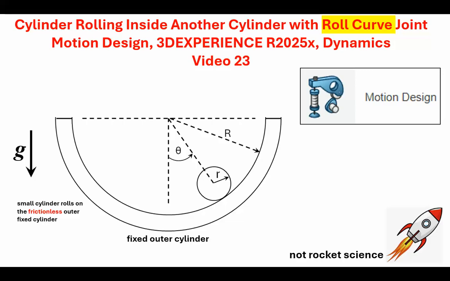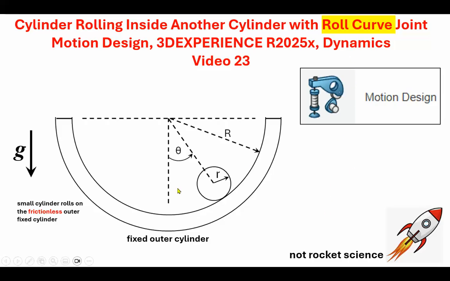So we have a smaller cylinder that is inside of a bigger outer cylinder, and somehow it is rolling on the surface. So it's a pure rolling problem, and I'm going to be solving this with a roll curve joint.